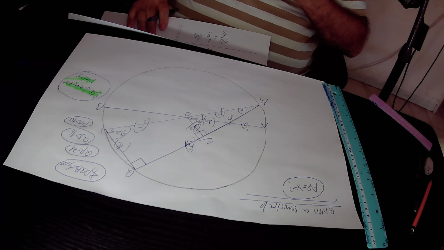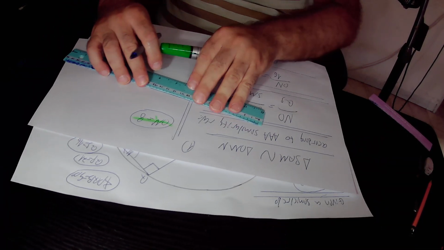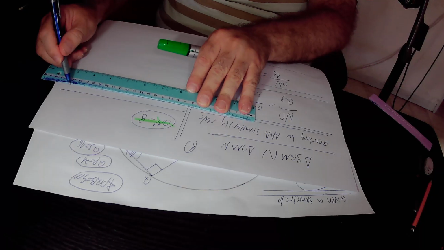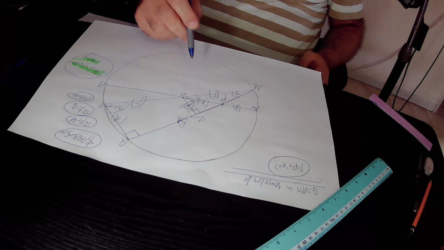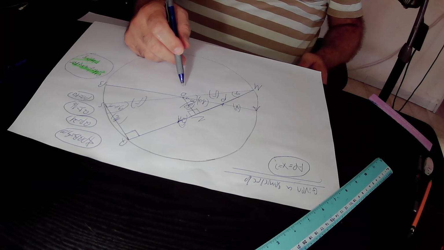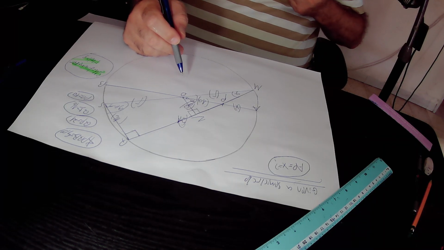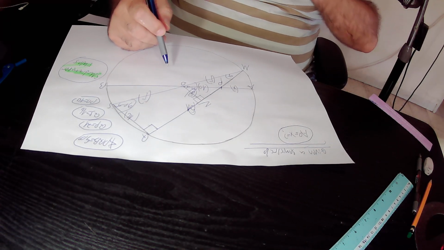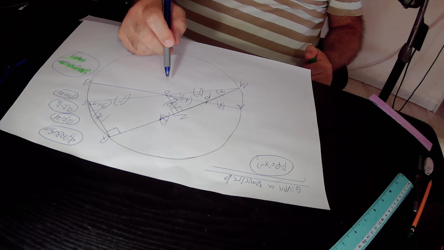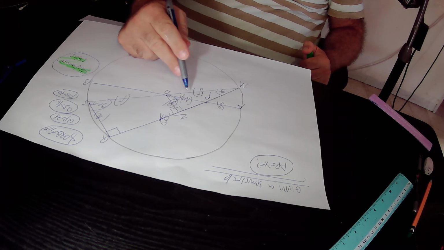In the next step, we will do a construction, that is to say, from the center of this circle, that is point O. Actually, the next step, we will implement the Pythagoras theorem on this small right triangle ONP.